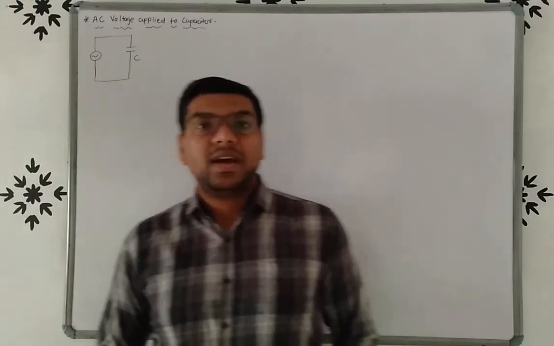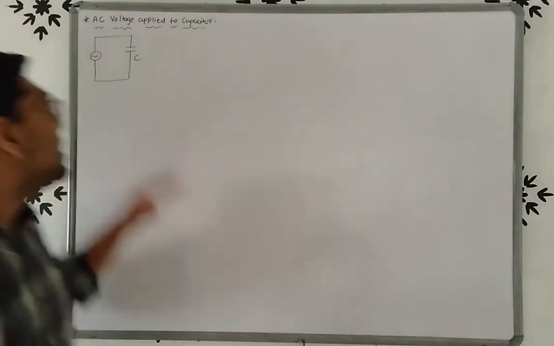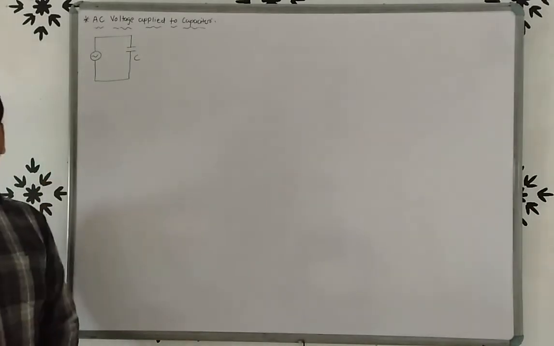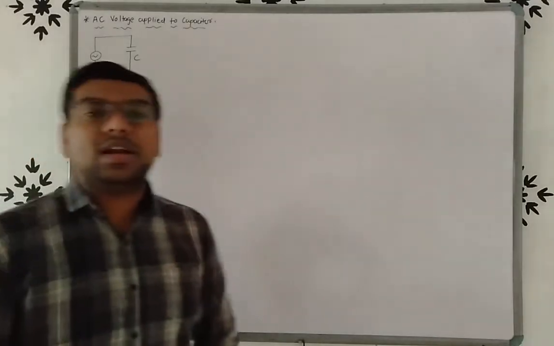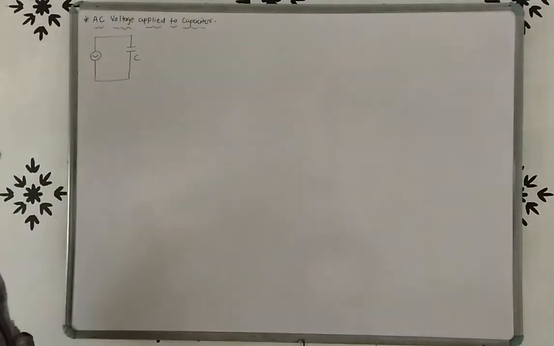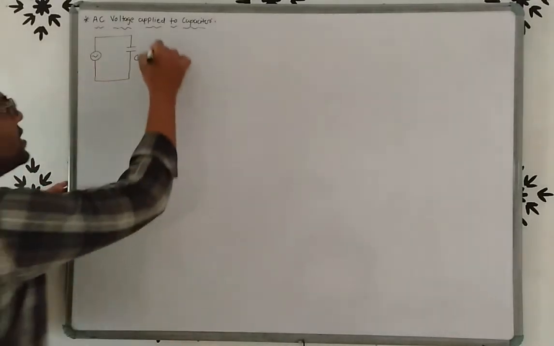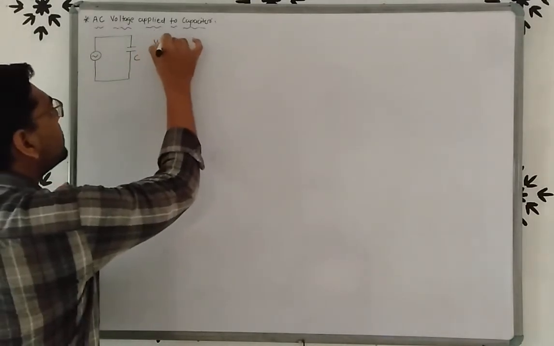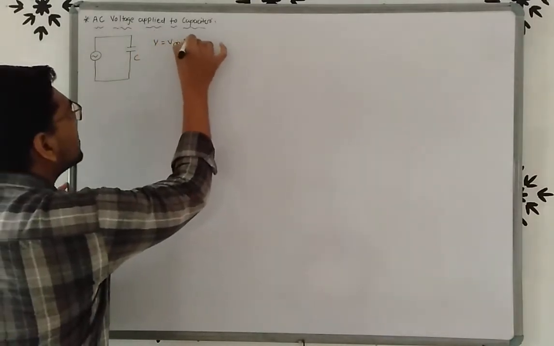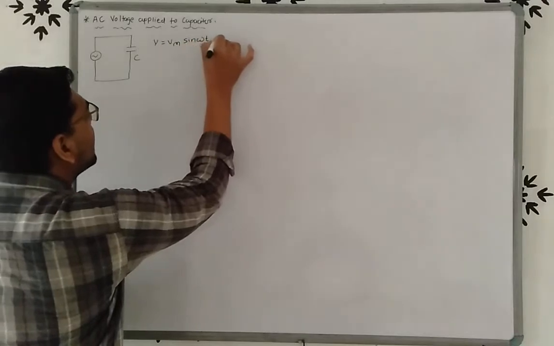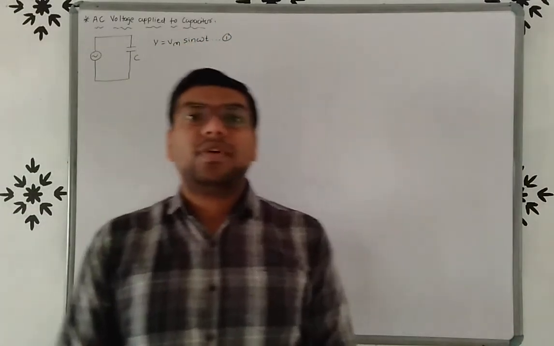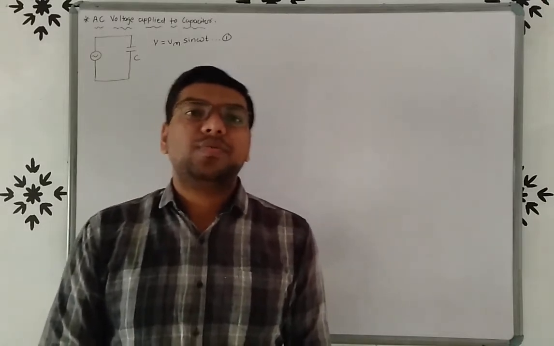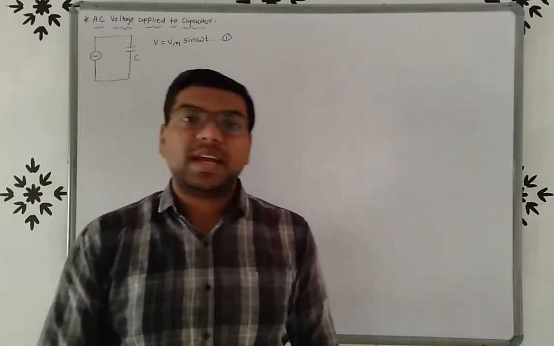Now friends, here you can see the AC voltage applied to a capacitor, and we know the equation of voltage: V is equal to Vm sin omega t.